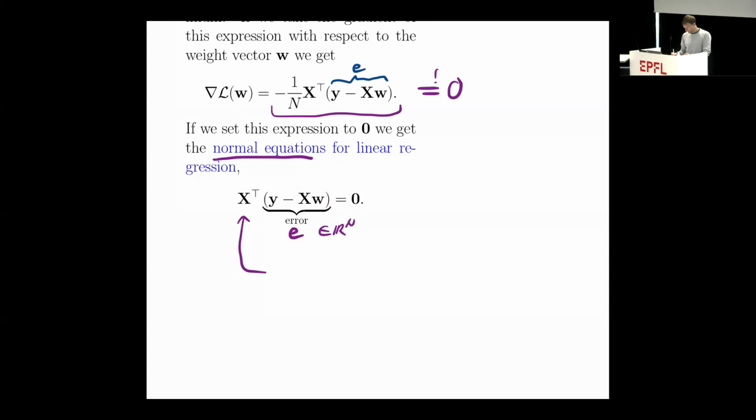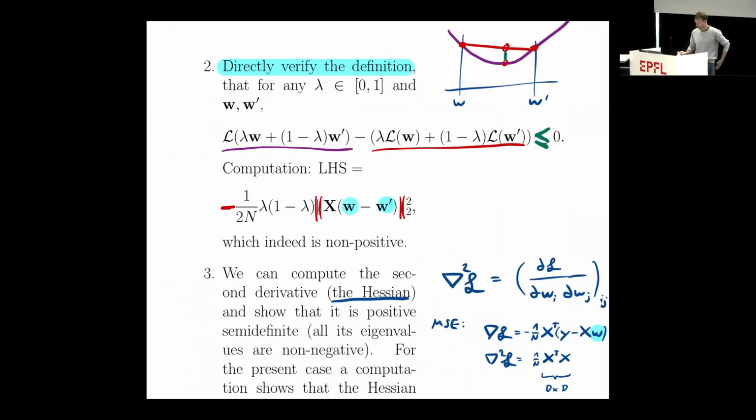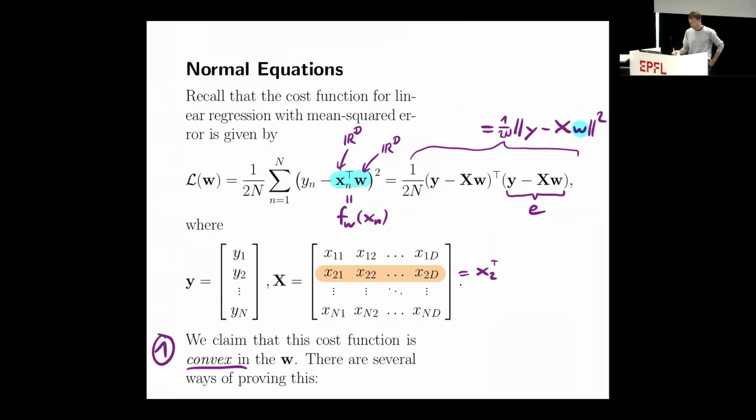So what are the rows of these objects? It's not a row of X, right? It's a row of X transpose. So what that actually is, is a column of your original data matrix, which means it's a feature vector.